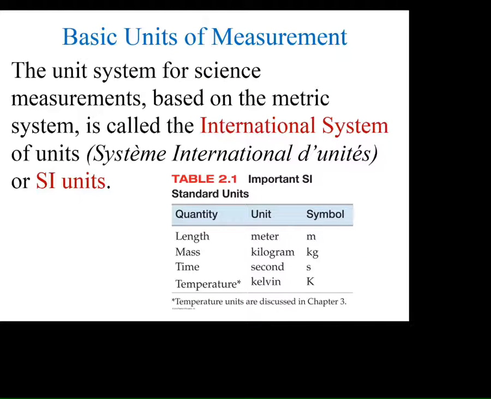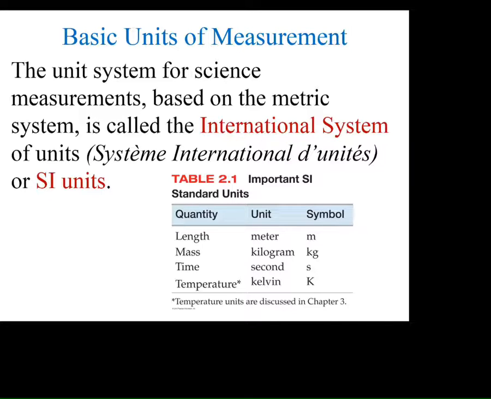As you probably know, in science we don't normally use the English system of pounds, feet, and miles. And we don't technically even use the metric system. The one we use is the SI system, from the French Système International d'Unités, which is basically based off the metric system, but with one small variation.